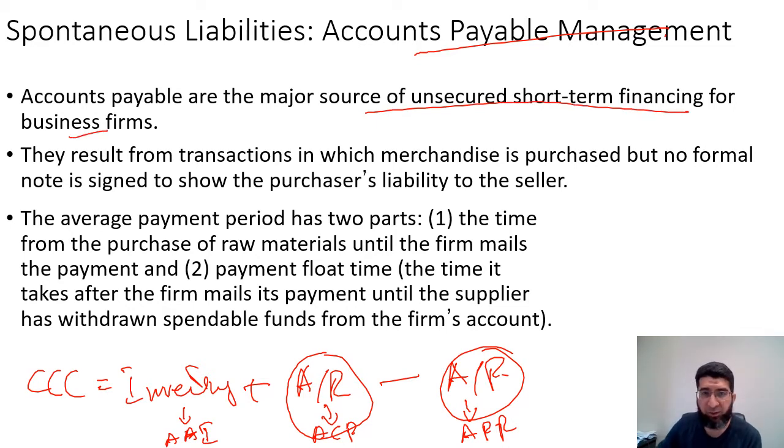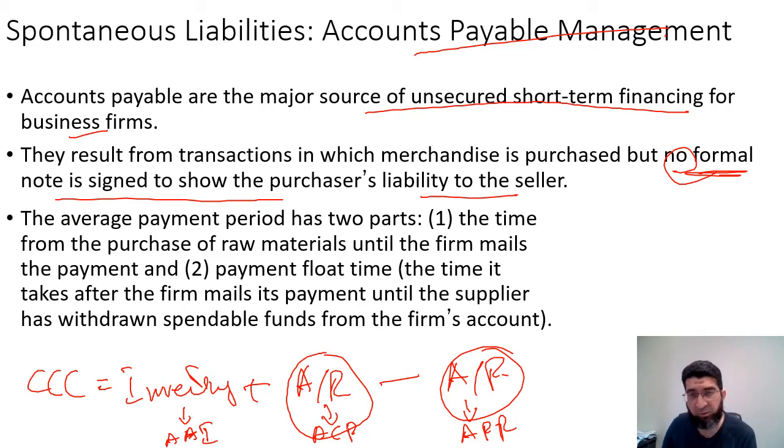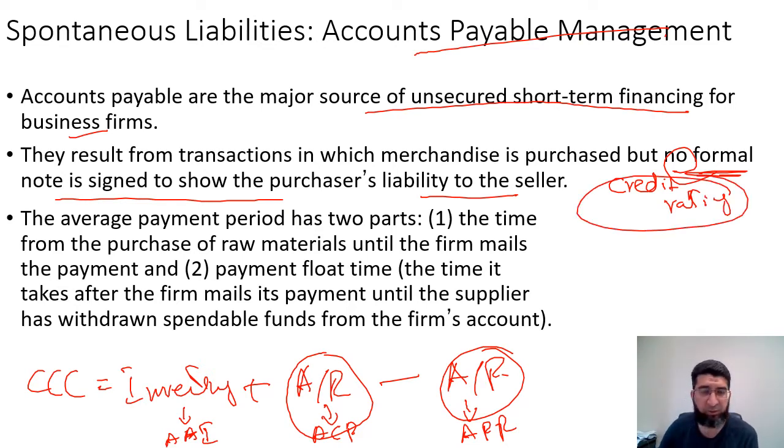They result from transactions in which merchandise is purchased but no formal note is signed to show the purchaser's liability to the seller. So it's more of an unsigned two-way contract, and since it's on a daily basis, the credit rating between the two parties really matters.